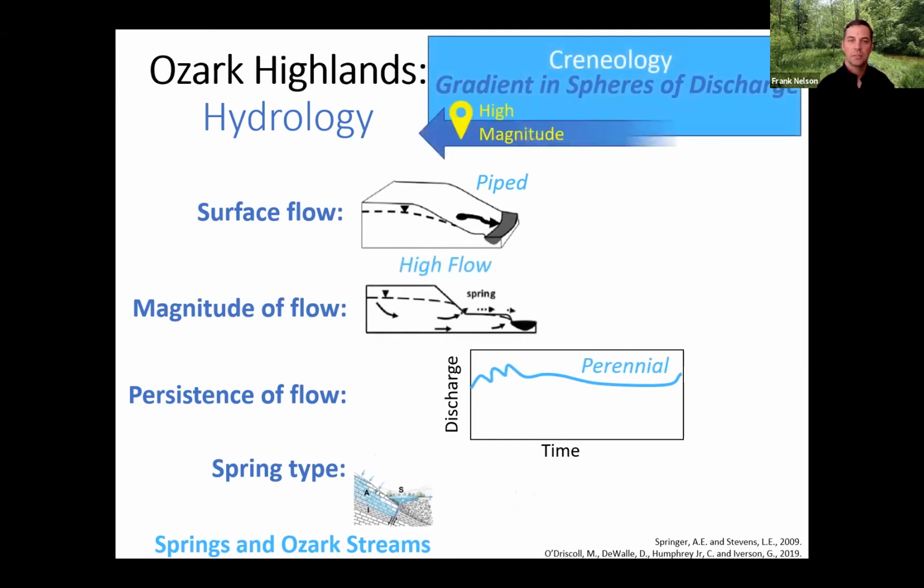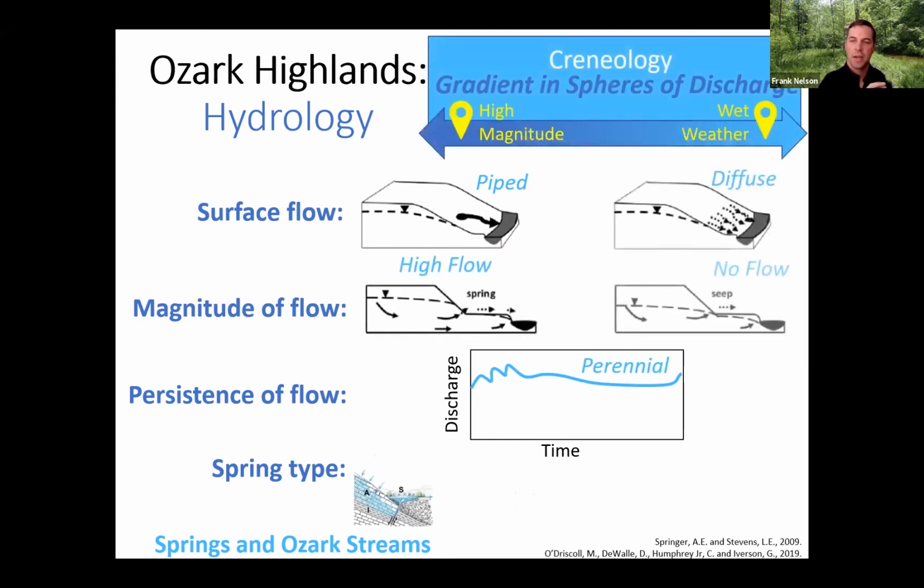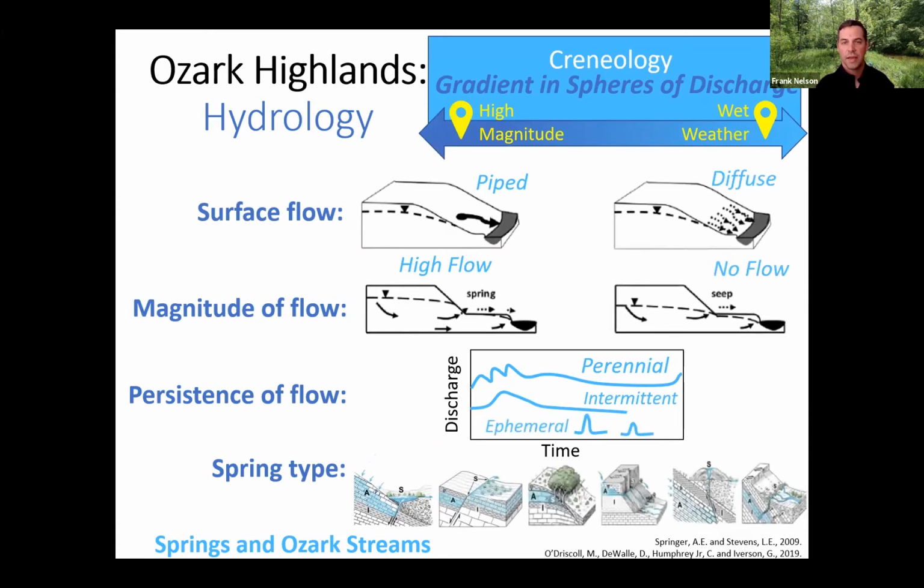However, there's a gradient in the spheres of discharge from these high magnitude springs to, say, a wet weather spring that is much more diffuse discharge. Like a seep, you may not have any flow and might be very ephemeral. And then there's a variety of different spring types in which the water can actually come out of the ground.